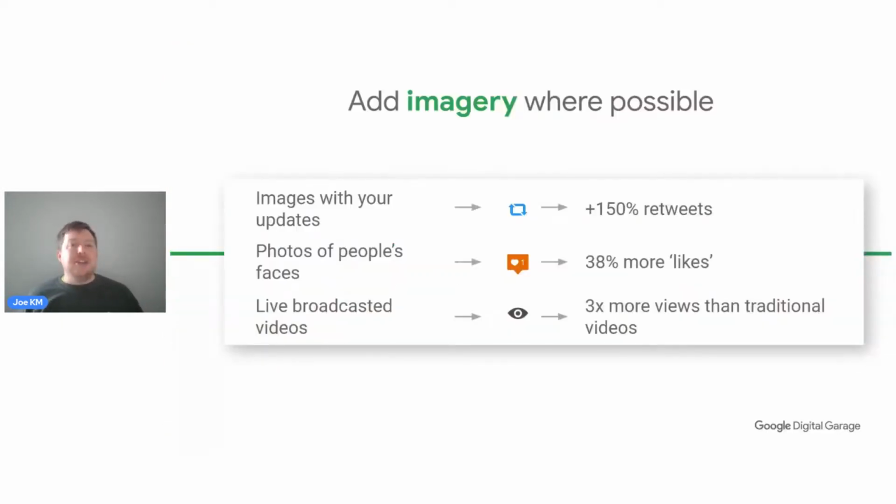Things to consider when doing this: images with your updates. If you're just posting pure text, it's rare that gets traction. But actually adding images to this adds context. It can add up to 150% more retweets because it has something to latch onto. It adds an opinion, a theme, a direction that you're trying to suggest. It could be a funny face. It could be a sad face.